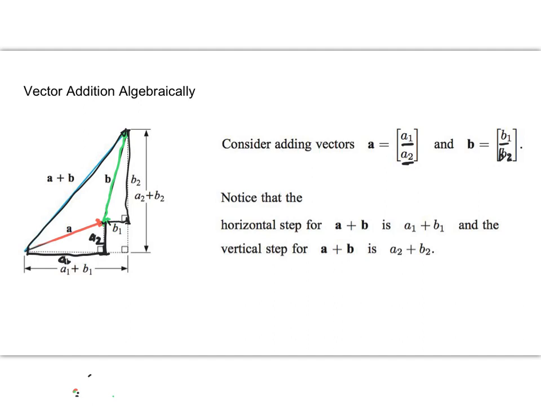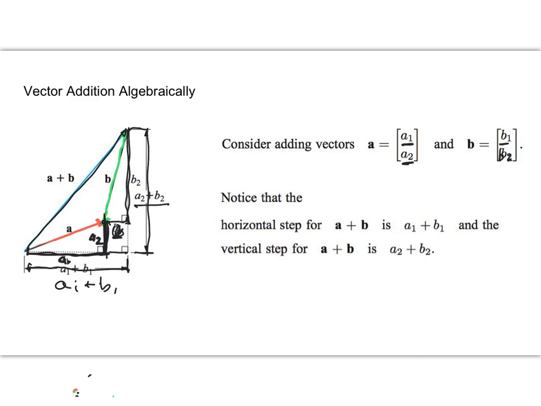And if I look at the distance, my x distance for the resultant vector, you'll notice I have this distance, and I also have the distance B1, so that's A1 plus B1. And then if I look at the resultant vector from top to bottom, that's the distance A2 here and B2 together, so A2 plus B2. Sorry, that was A2, not B1.